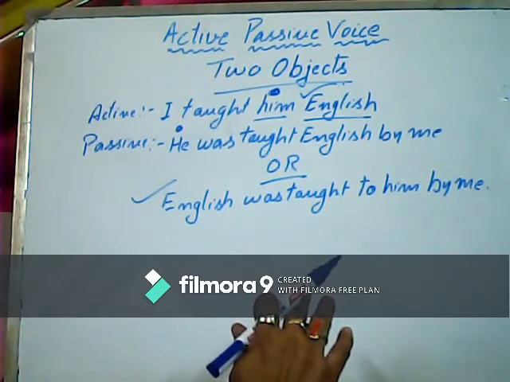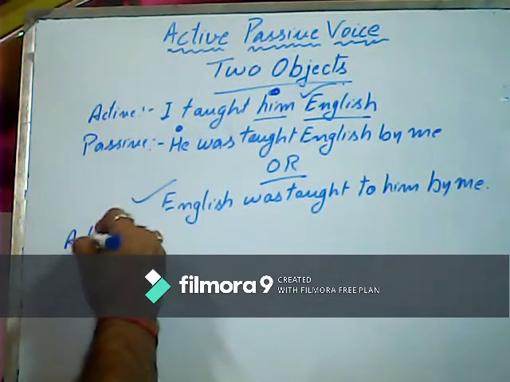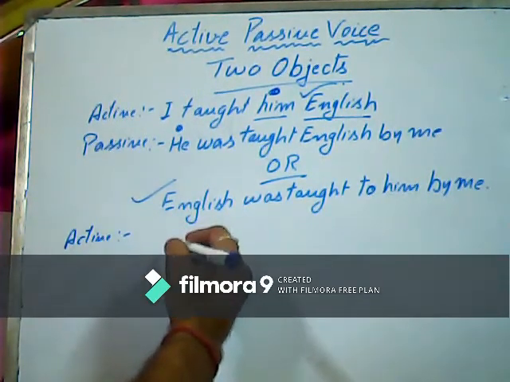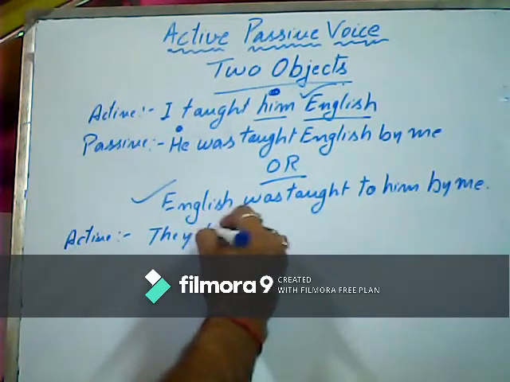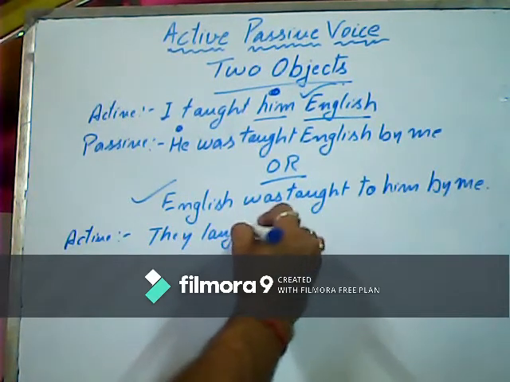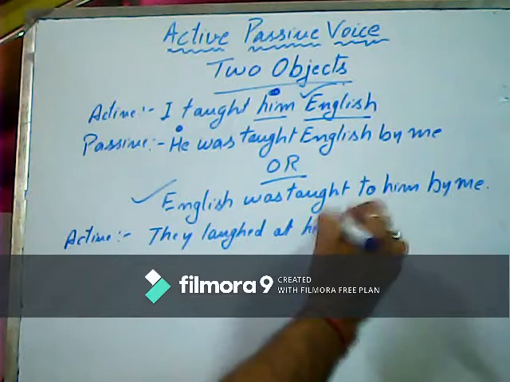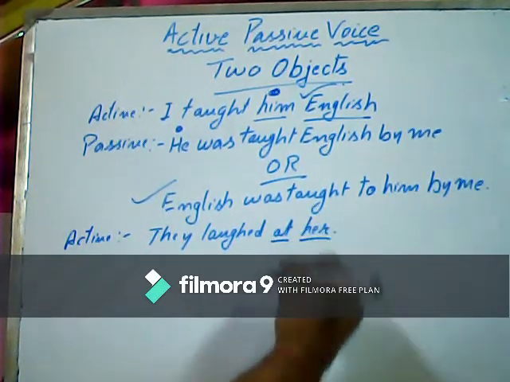Sometimes prepositional objects may also become the subject. For example, they laughed at her. At is a preposition and her is the object.